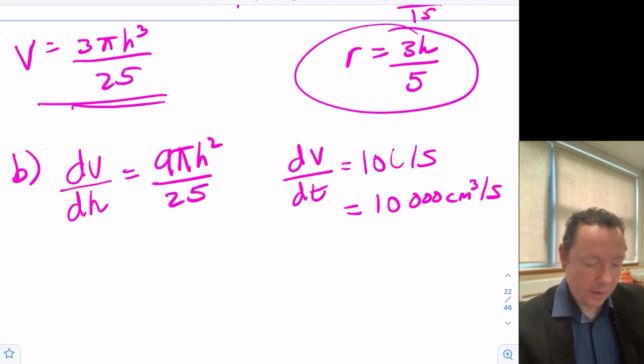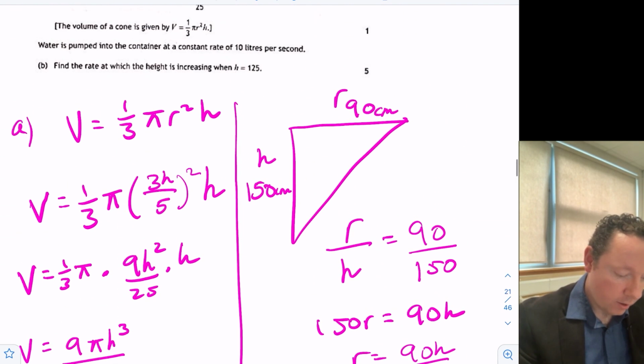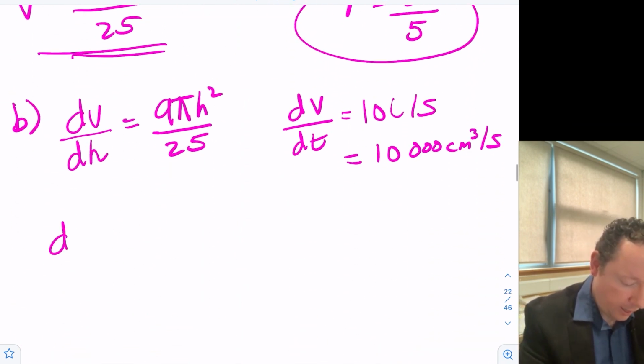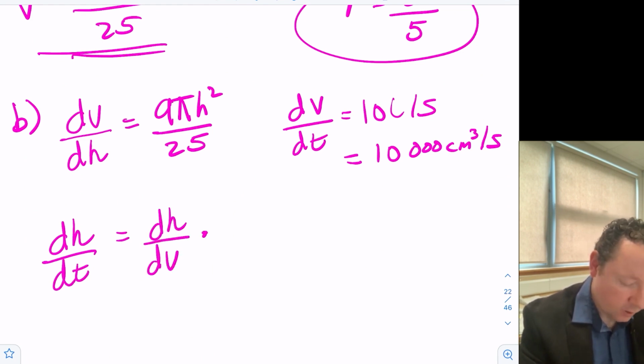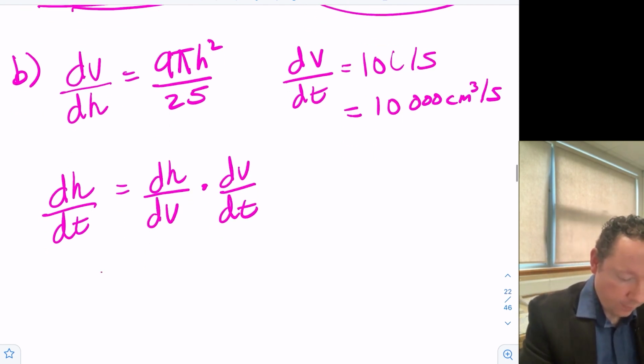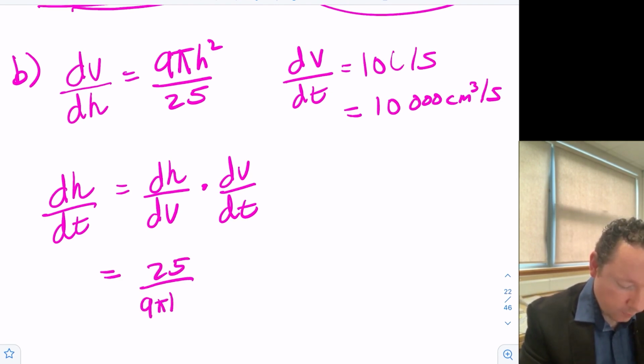And we want to find the rate at which the height is increasing. So dh by dt is just going to be dh by dV times dV by dt. dh by dV is 25 over 9 pi h squared, and dV by dt we've just worked out is 10,000.